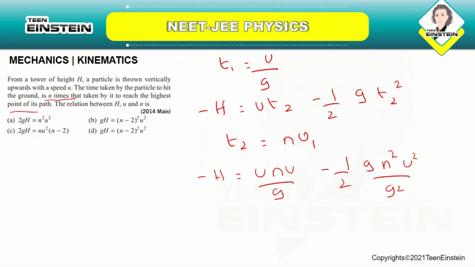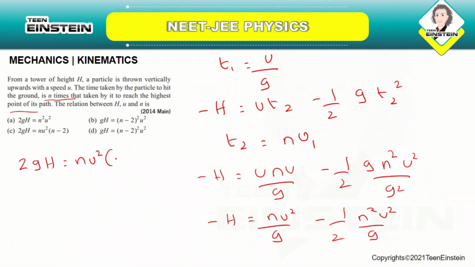So you will get minus h equals n u square by g minus half into n square u square by g. So when you solve this, you will be getting 2gh is equal to n u square into n minus 2.